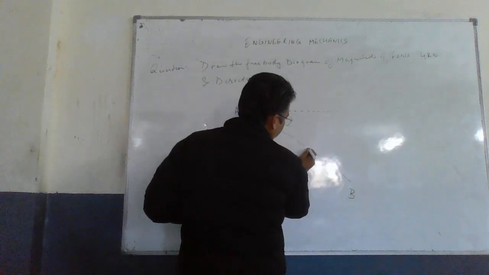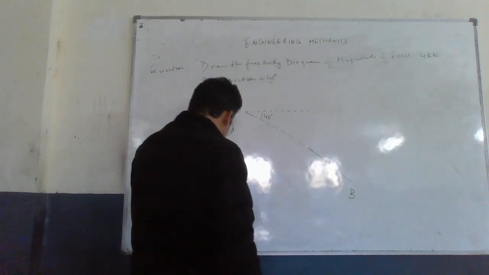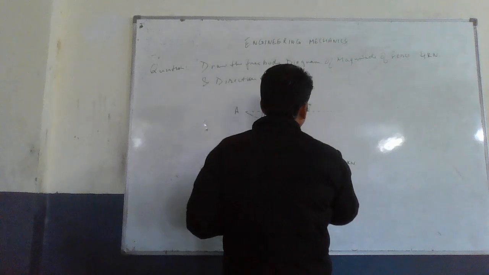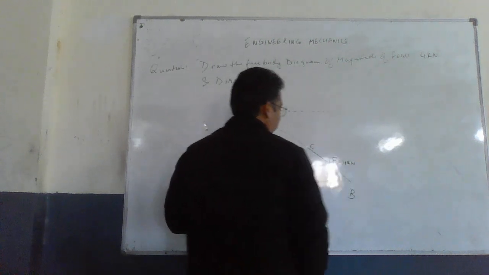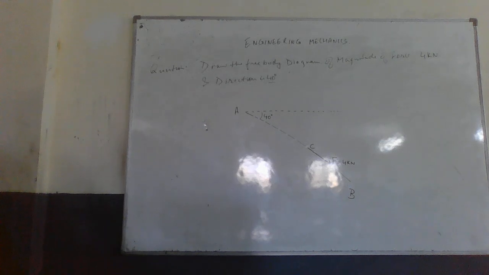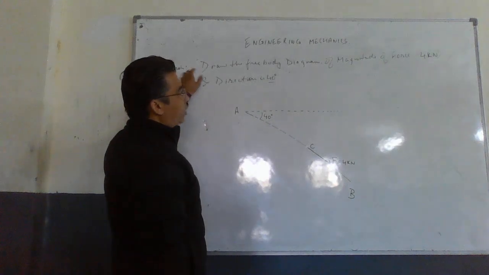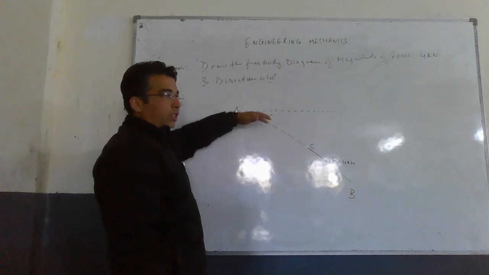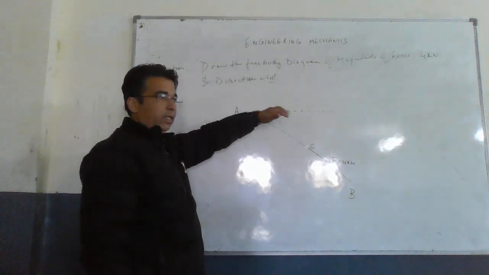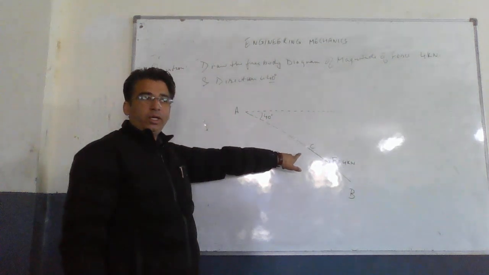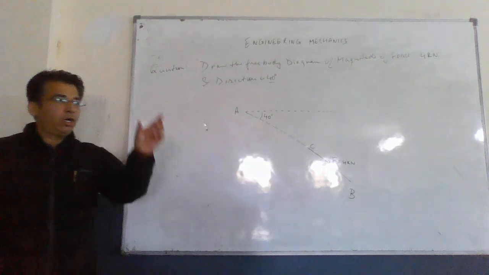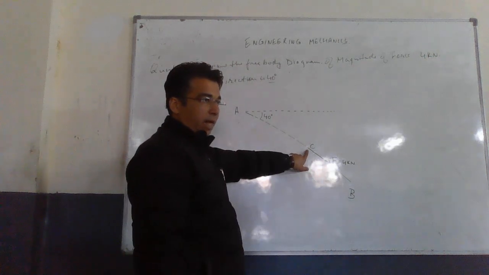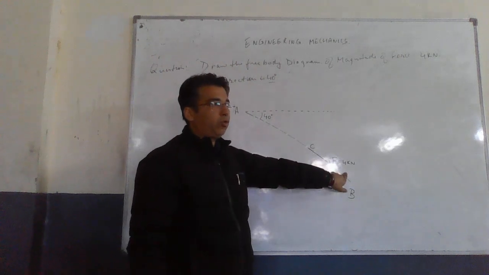I will create a line representing force equal to 4 kilonewton, generated from point C. So the steps are: we generated one imaginary horizontal line, with it we created another imaginary line at 40 degrees, and on this line we drew the magnitude of the force, 4 kilonewton.